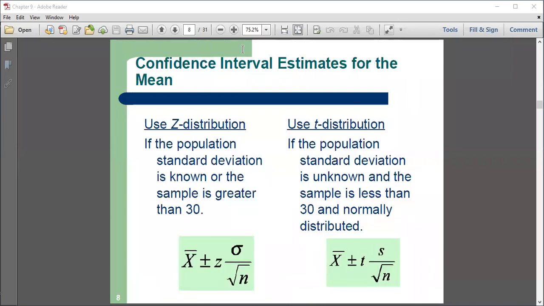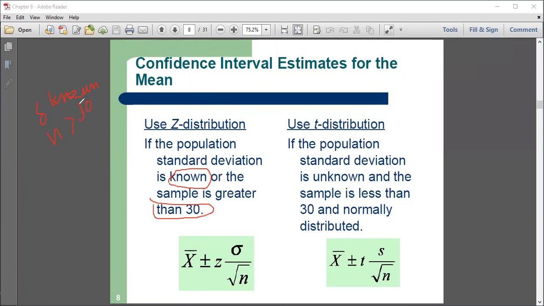Here is the formula for the interval estimate for Z and T. We will use Z if the population standard deviation sigma is known, or the sample size n is greater than 30.